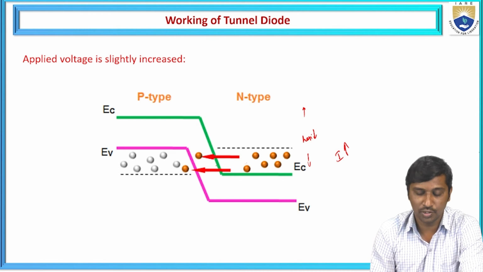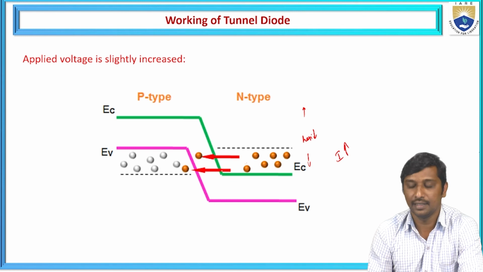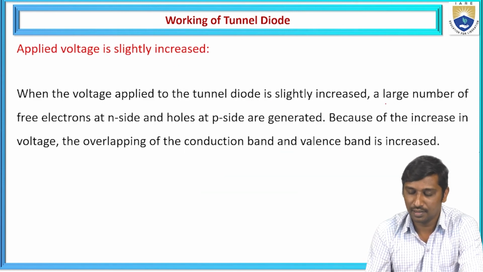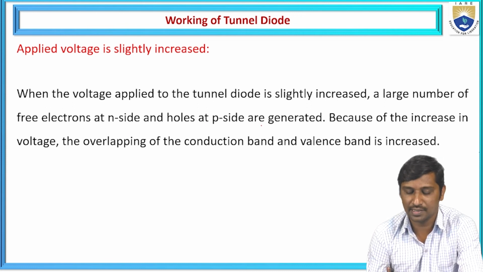So that is the reason I'll show this. What happens when the applied voltage is slightly increased? Under this condition, a large number of free electrons at the N side and holes at the P side are generated.